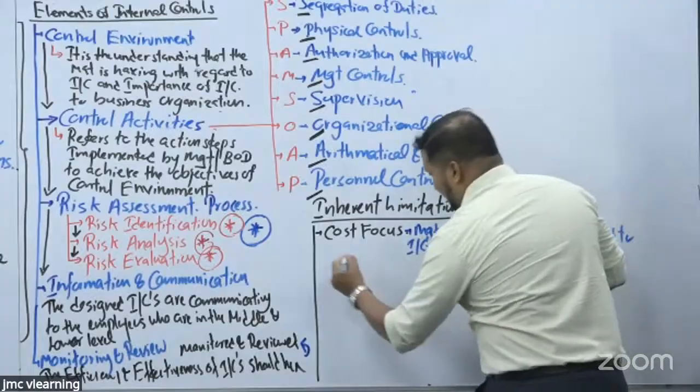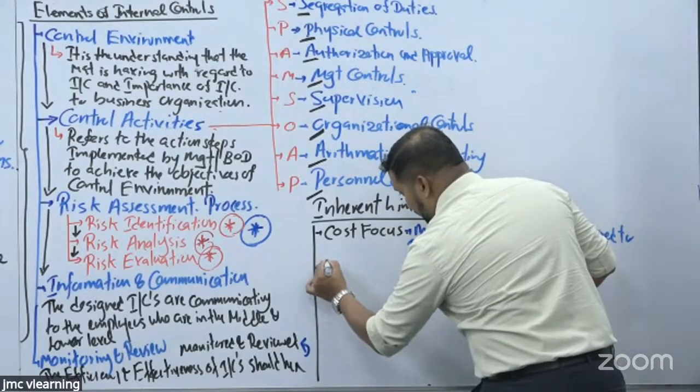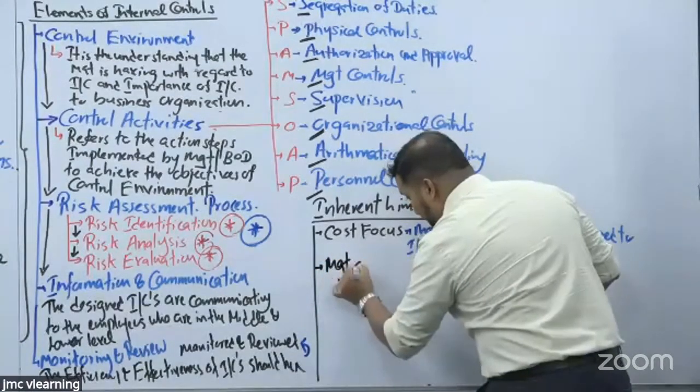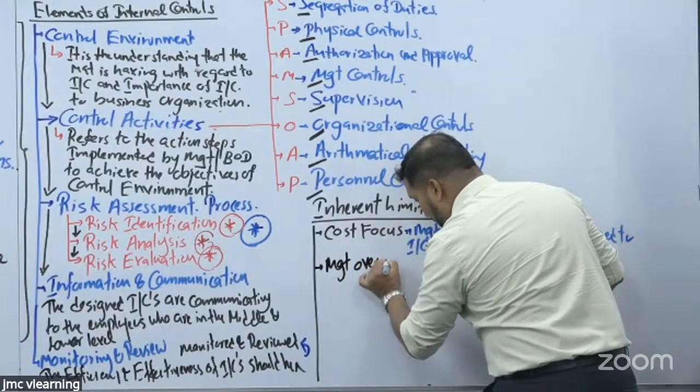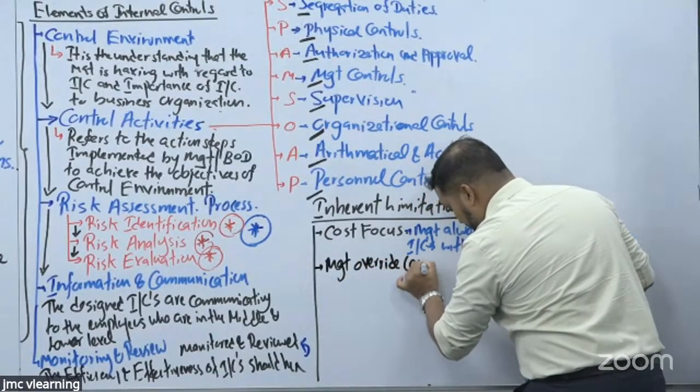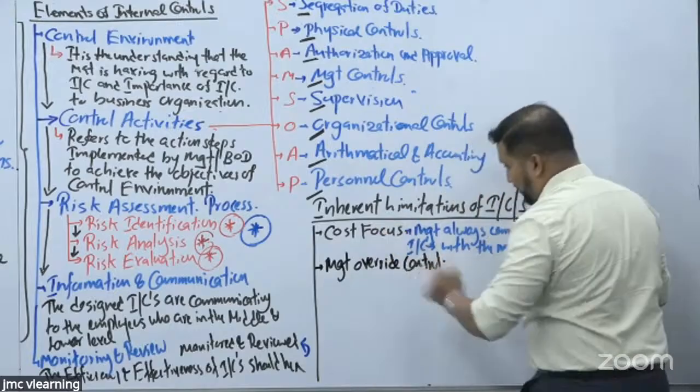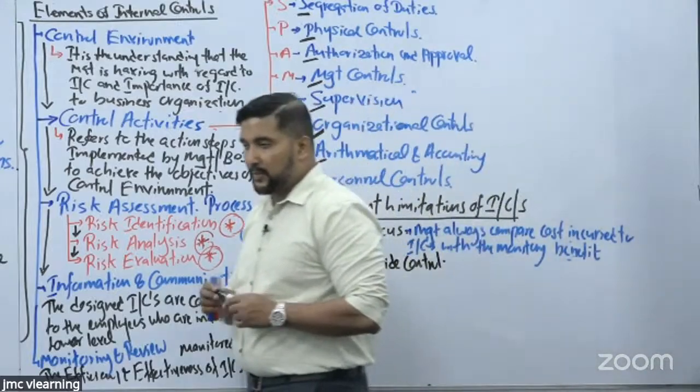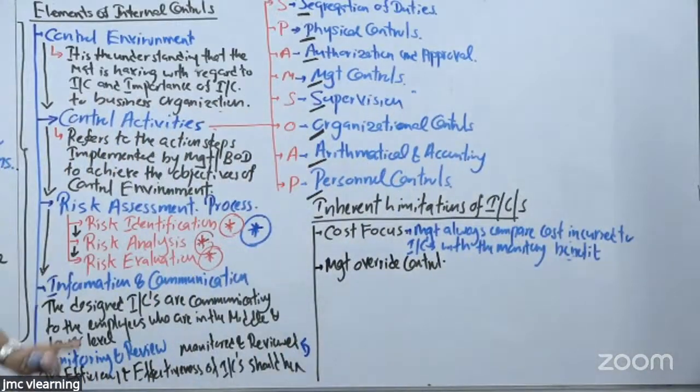Going back to the second one: management overriding the control. Keep it simple.